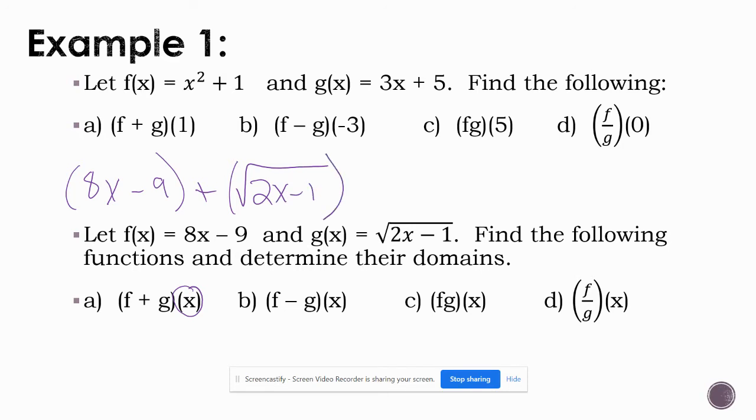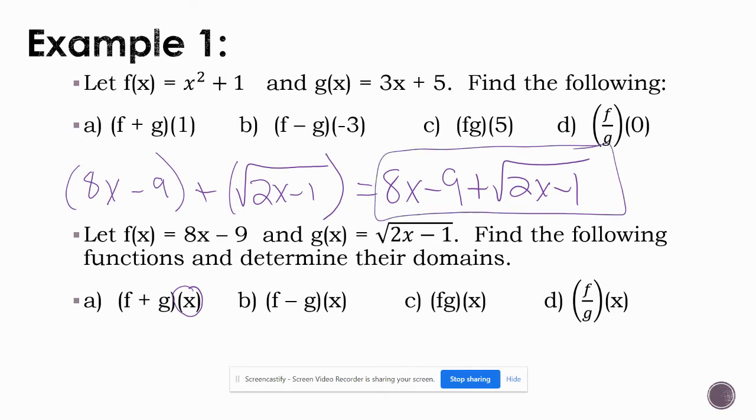We can't actually add those two together, and so 8x minus 9 plus the square root of 2x minus 1, that's as good as that's going to get. This is the answer of them being combined with adding.